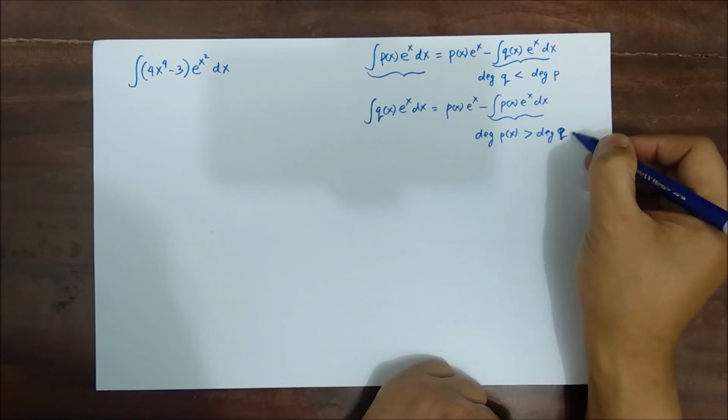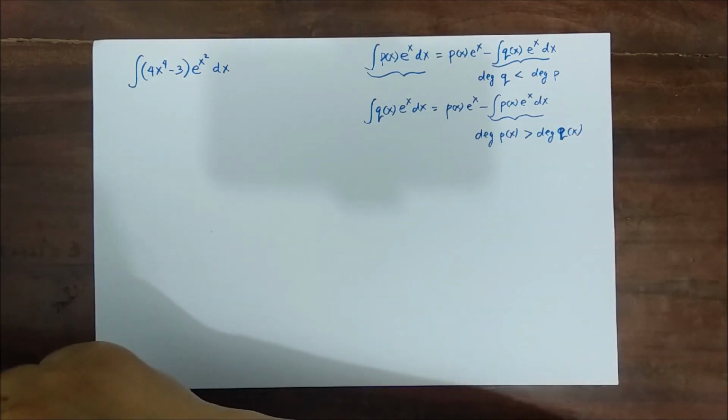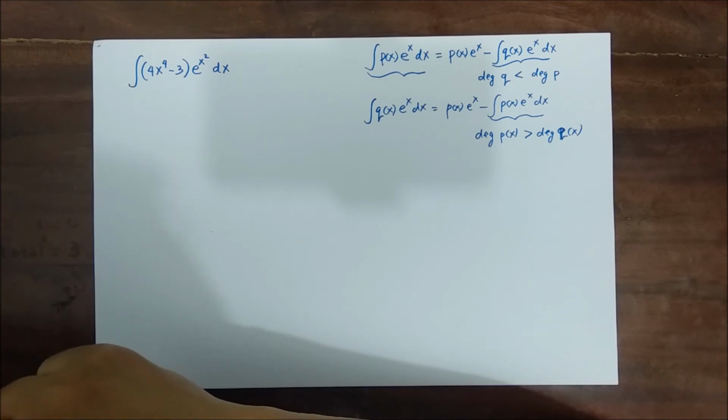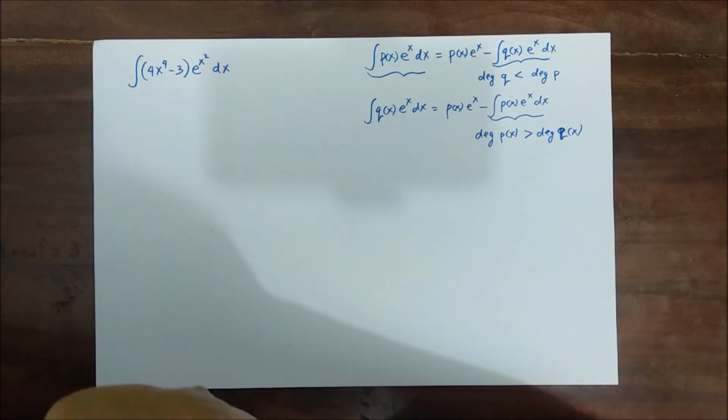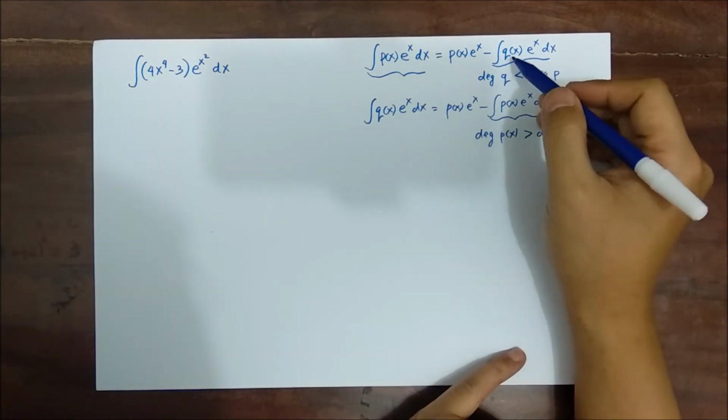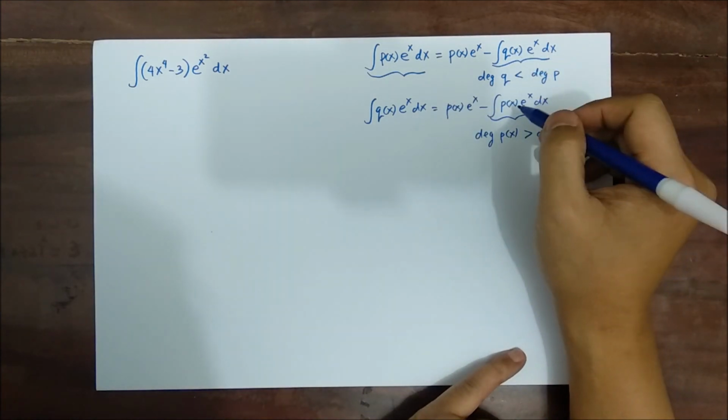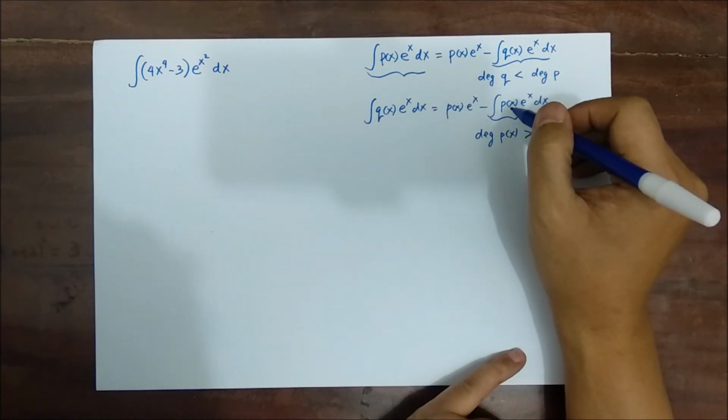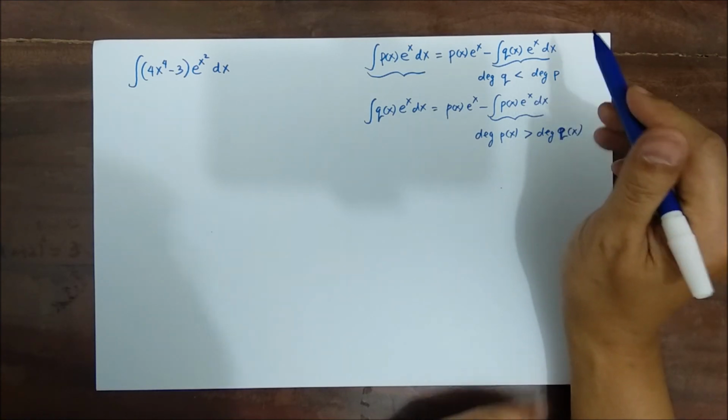So what I'm trying to say is that applying the partial integral can reduce the degree of the polynomial, and as well we can increase the degree of the polynomial.